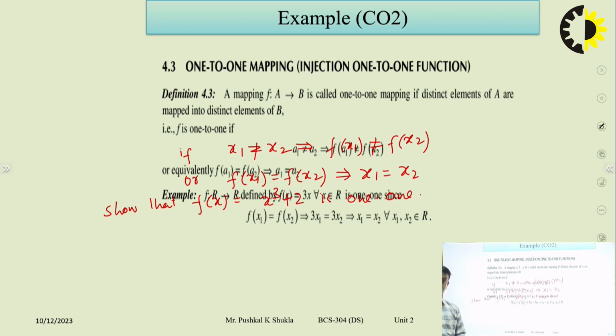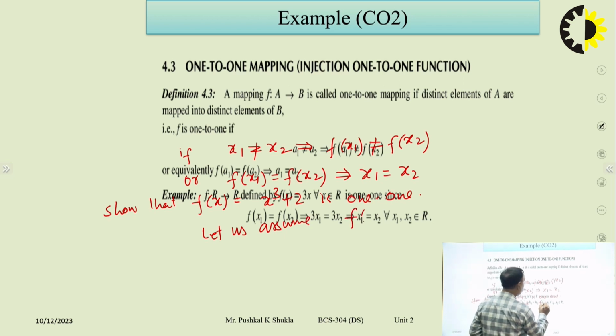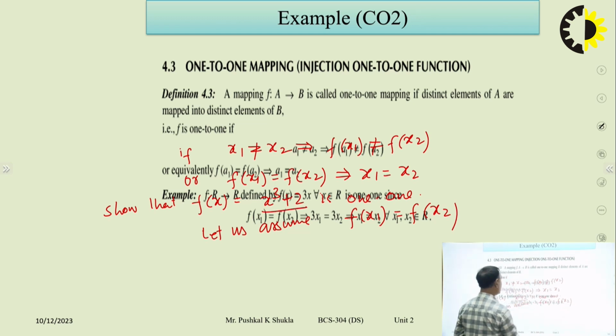Then how to prove it, how to solve it? So let us assume f(x1) equal to f(x2). The function is given as f(x) equal to 3x³ plus 2.